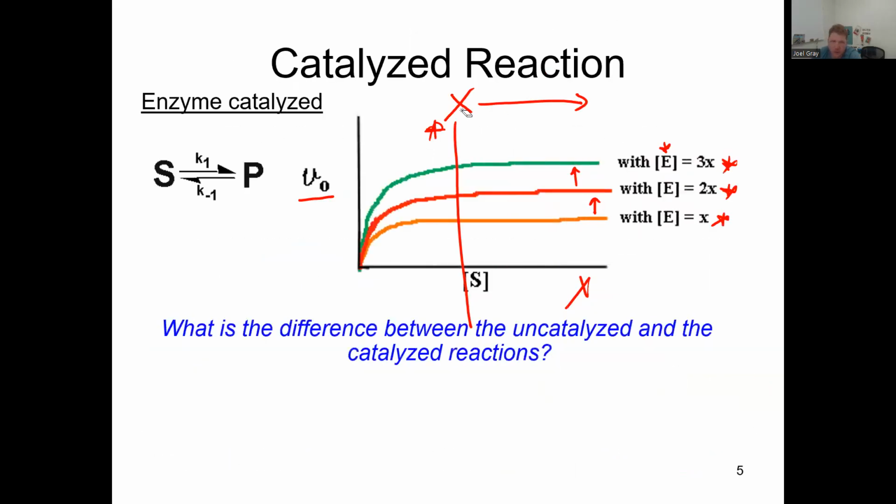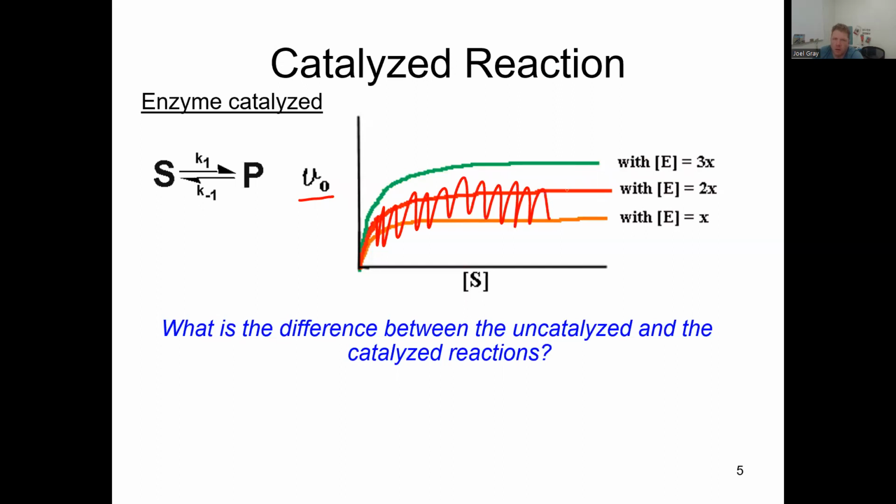I'm going to erase all of this. And for the purposes of this exercise, let's just ignore the bottom two lines. I mentioned that this was a hyperbolic curve.